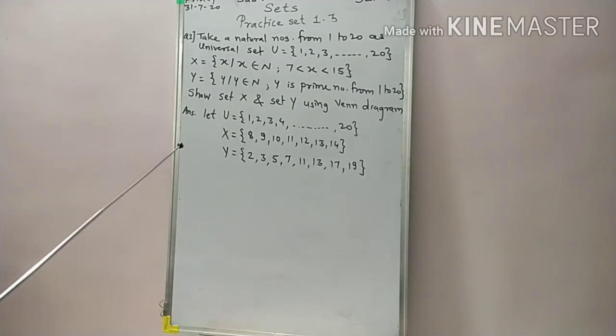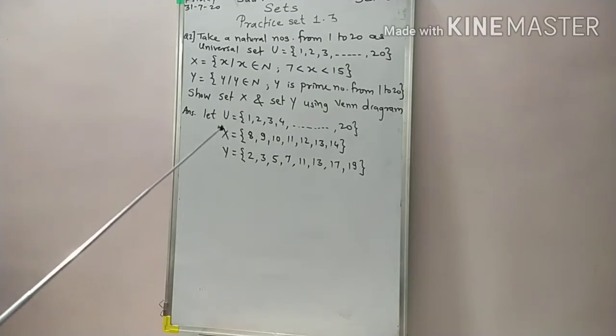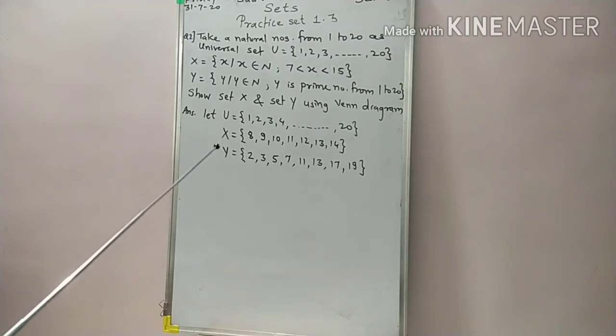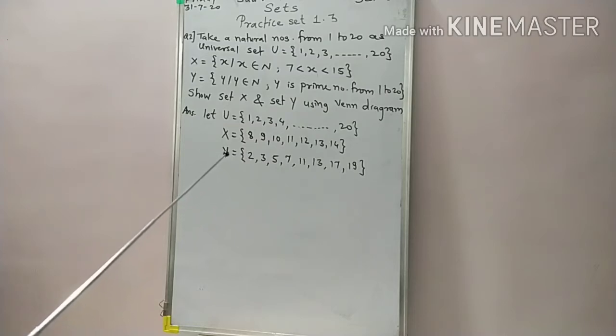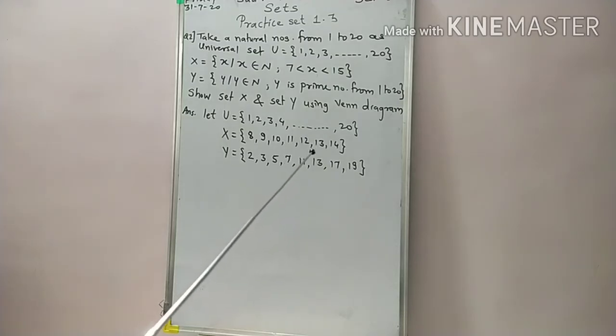As we very well know, the universal set is represented by a rectangle, and inside it we have to draw these two sets, set X and set Y. But observing these two sets, we notice there are some common numbers like 11, 13 over here. So to represent by Venn diagram, let's see.